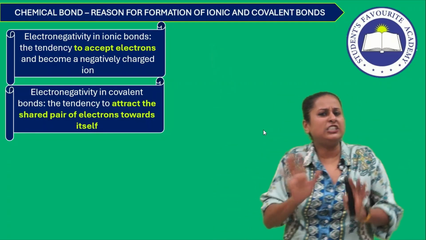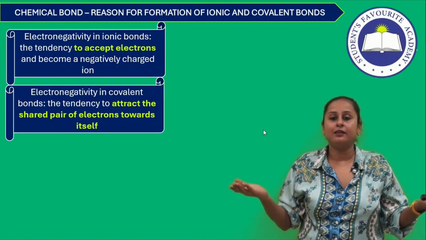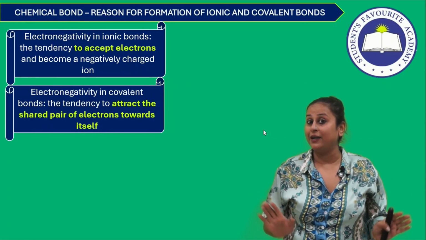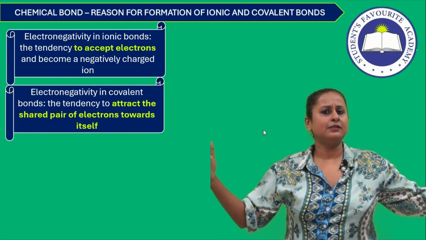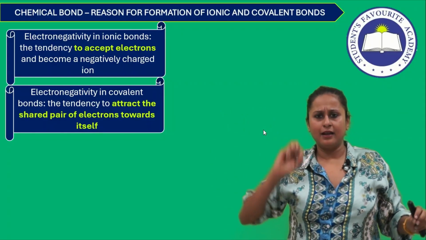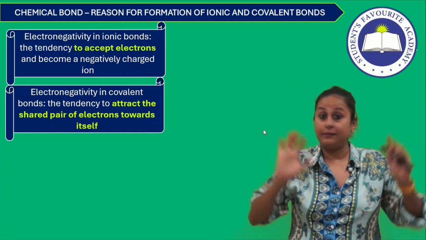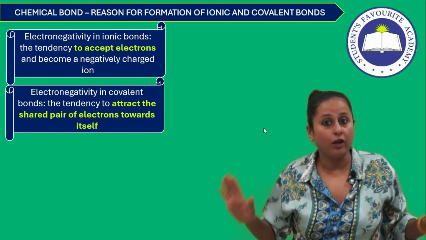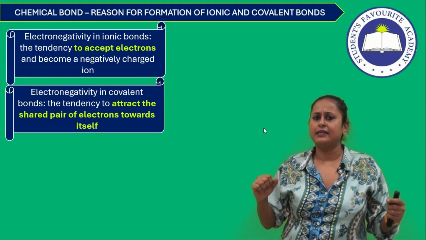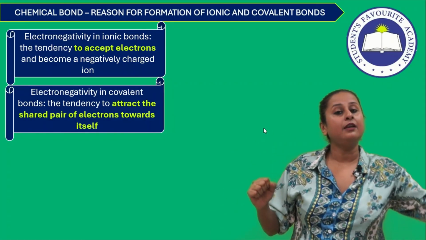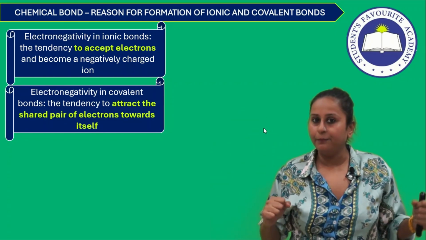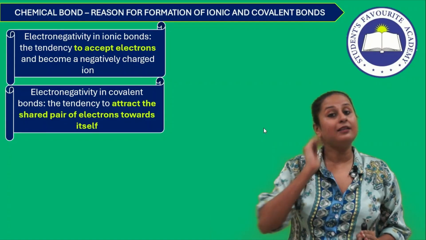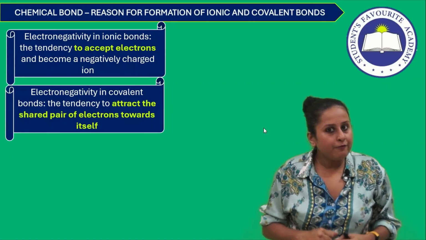So there is no cheating involved here, that earlier they agreed to share electrons and now chlorine has taken both the electrons. That's not what has happened. If 1 meter is the distance between, let's say, a chlorine atom and a hydrogen atom, that's not the real distance, since distances are measured in picometers and angstroms, but just for the sake of understanding, they should ideally share the pair of electrons in the middle, at a distance of 0.5 meter from both.